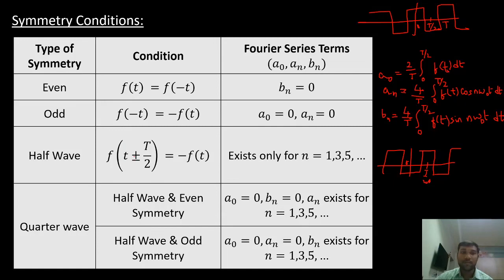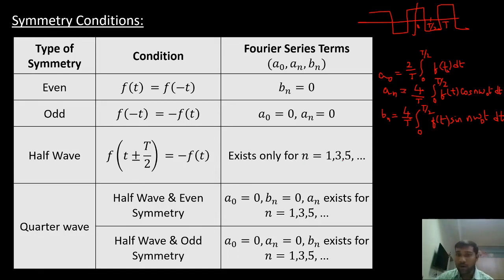So f of t plus or minus T by 2, whichever direction you shift, right shift or left shift, we will get the negative of the original signal. Such signals are called half wave symmetric. When a signal is half wave symmetric, we'll only have odd harmonics.